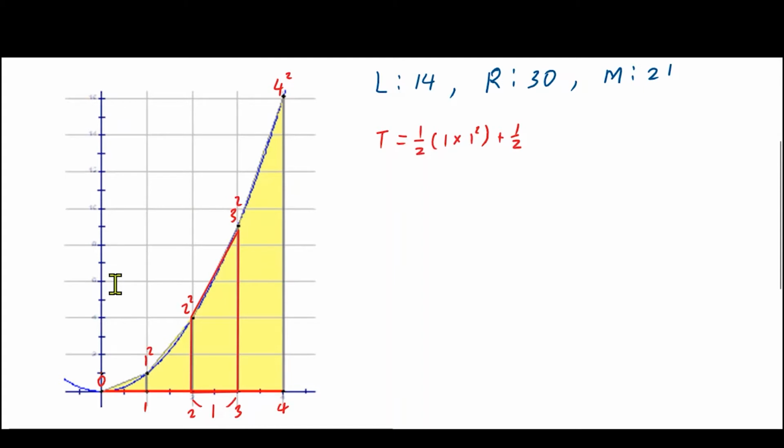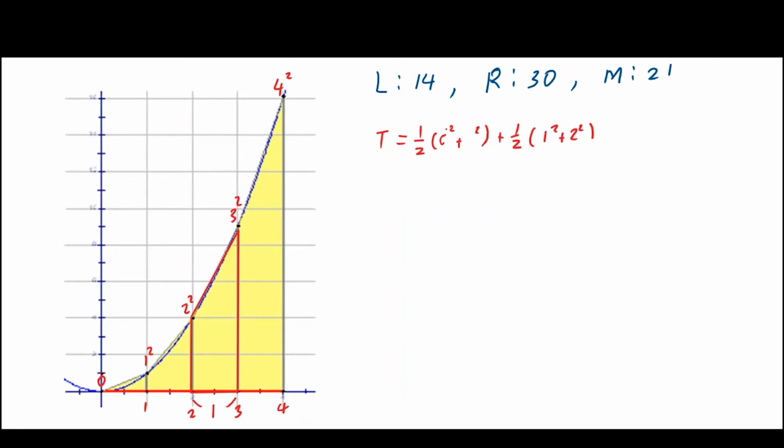And then we have 1 squared plus 2 squared, right? These two. Let me change the first ones to be consistent. I'm going to say this is 0 squared.